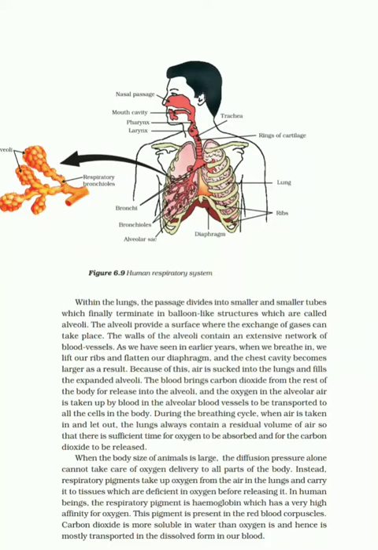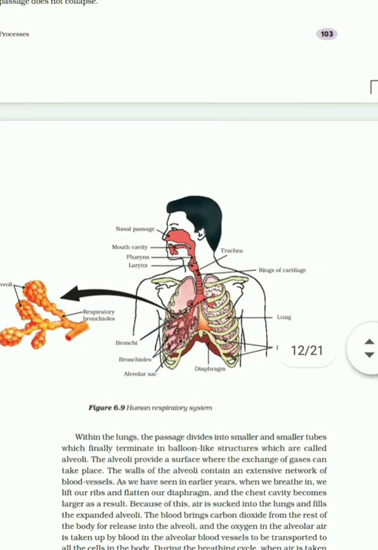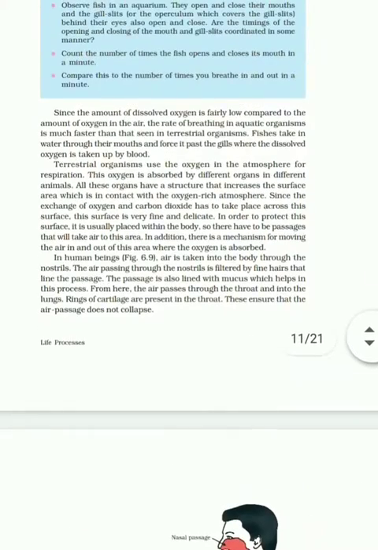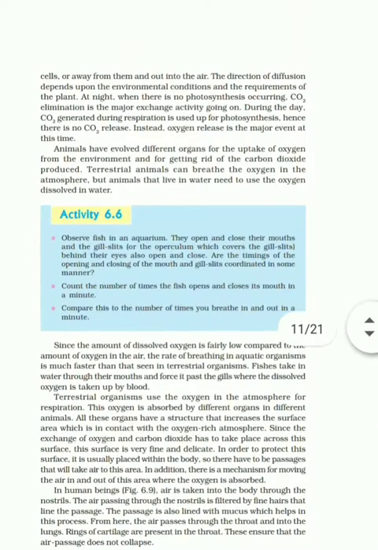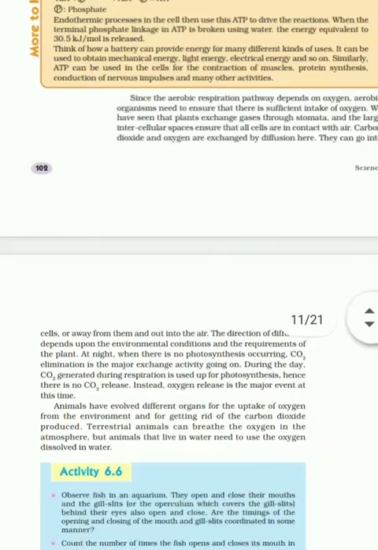Welcome to a science class. In our previous lecture, students, we completed our respiratory system and I explained the different parts of the respiratory system which take part in the process of respiration. Before that, we discussed what respiration is and how essential it is in our body.